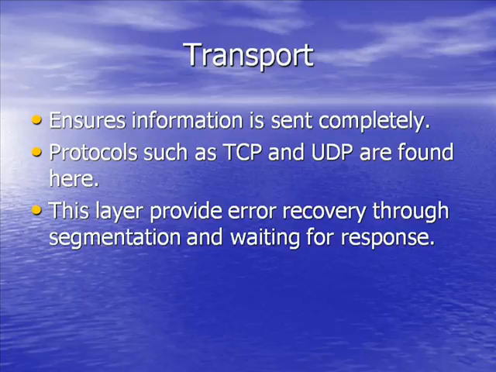And the error recovery that it can do is done through this segmentation process. How that works is it sends a segment out, and if it doesn't hear an acknowledgement back from the receiver, it's resent. Common transport layer protocols are TCP and UDP, and they're both found here.